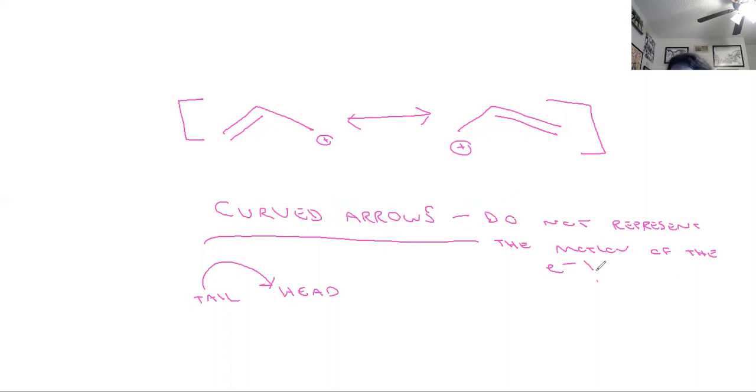It's just a thing we do to show where the electrons would go if they were moving around. But it's just to show how to get from one of the places of positive charge to another. So remember, the electrons aren't going anywhere. We're just treating them as if they were for the purpose of drawing the resonance structures.